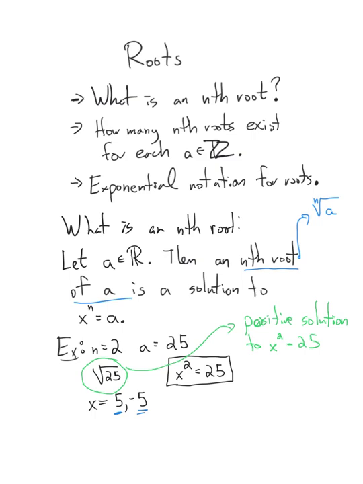So we can say the solutions are the square root of 25 and negative the square root of 25. So whenever we write that square root symbol, we mean the positive solution. That'll be the same with any nth root. Let's look at another example.